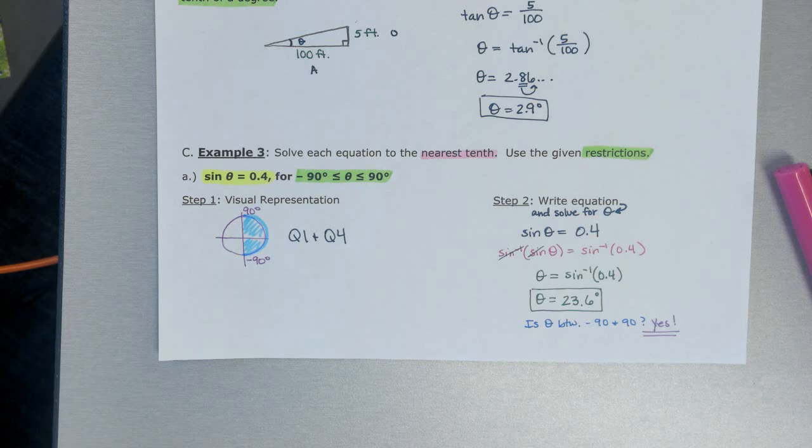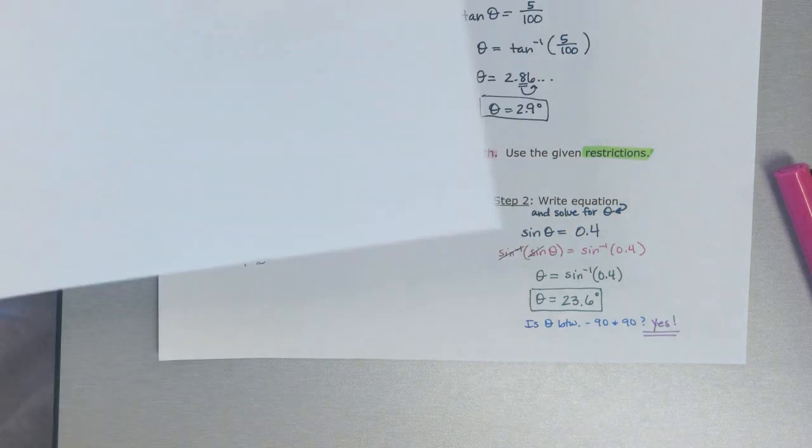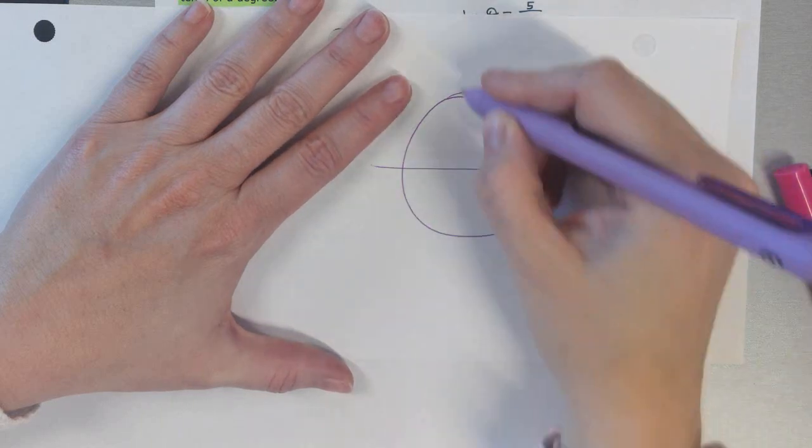Okay, so before we start on the next one, I am going to just talk about something that you would have seen on your homework last night. So yesterday we were finding where certain values were on the unit circle.